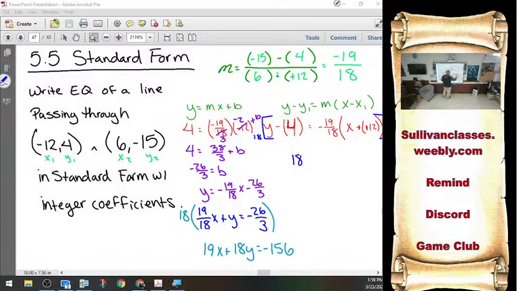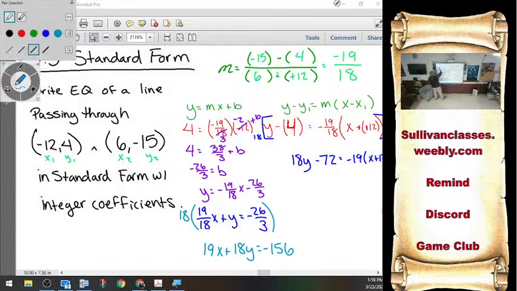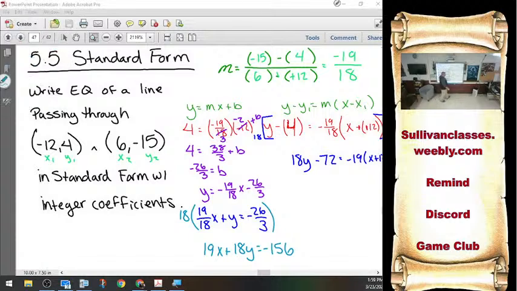That gets me 18y minus 40, 32, negative 72 is negative 19 times x plus 12. And now it's just big numbers instead of fraction numbers. Distribute. And minus, so what's that? 240, 12, 228?